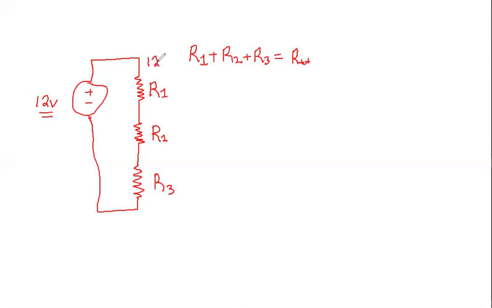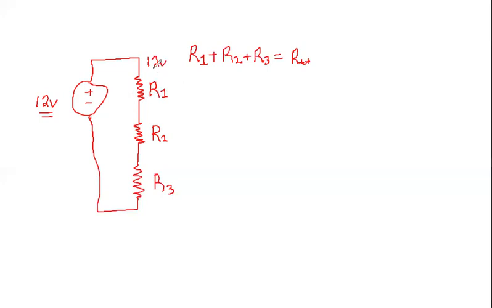So if you take your multimeter, stick the positive red probe here, and the black or negative probe here, you will read 12 volts, a 12-volt potential, no matter what, because this is an ideal supply.